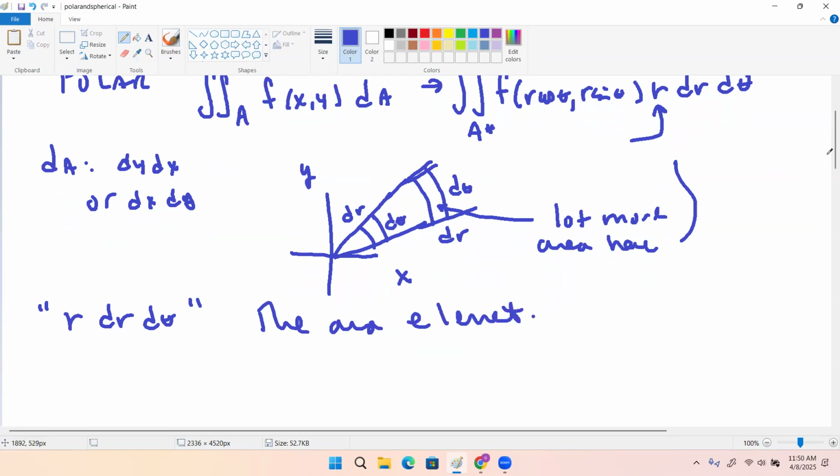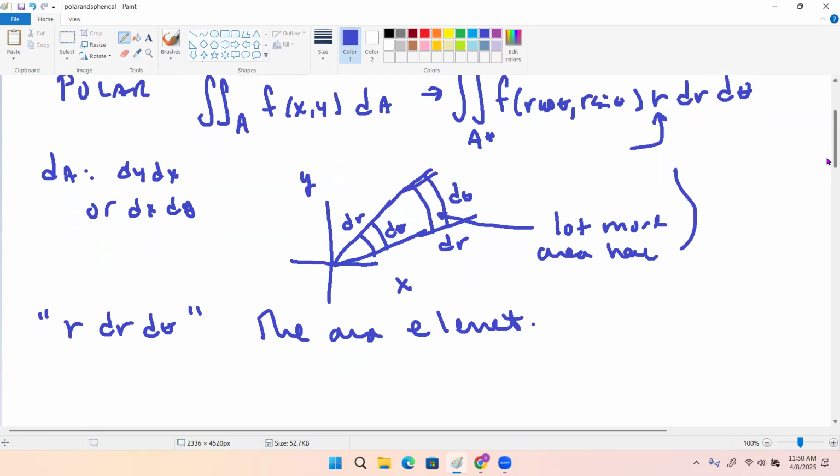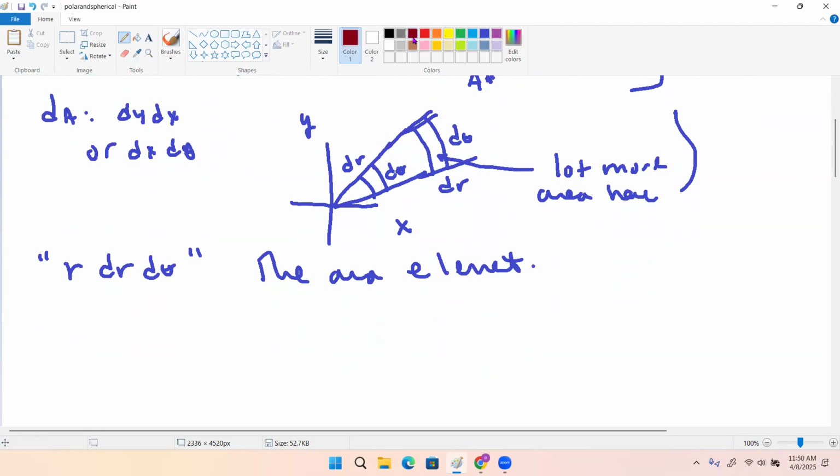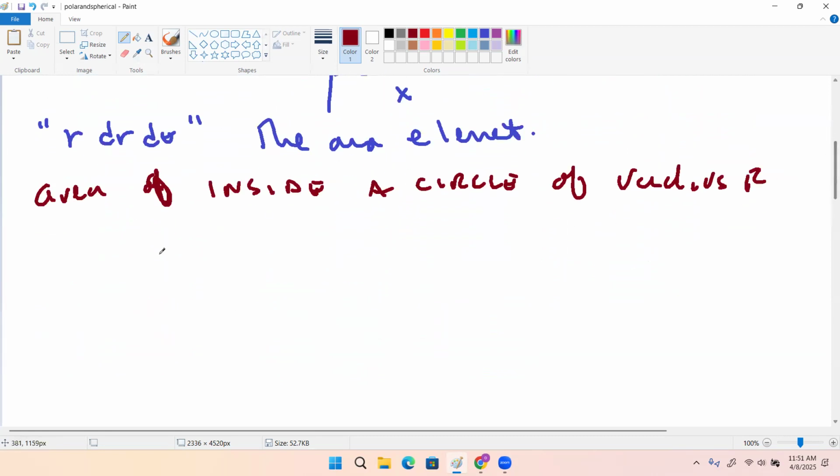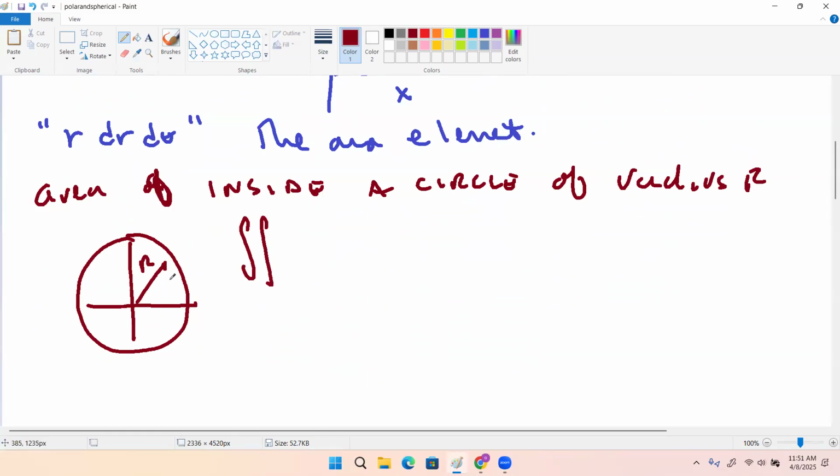So let's just do a sample problem to set this up. Suppose, for example, we wanted to find the area inside a circle of radius r. And in the rectangular domain, we had something like this. So this was an r right here. In rectangular coordinates, we're integrating the function 1.